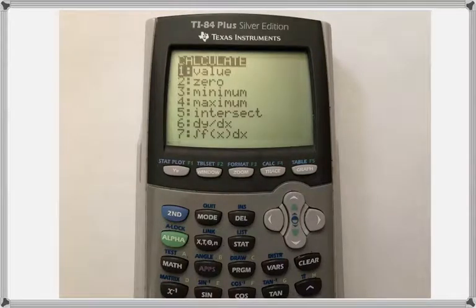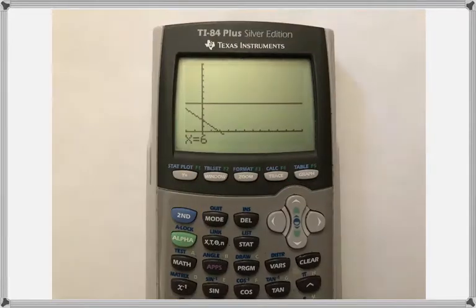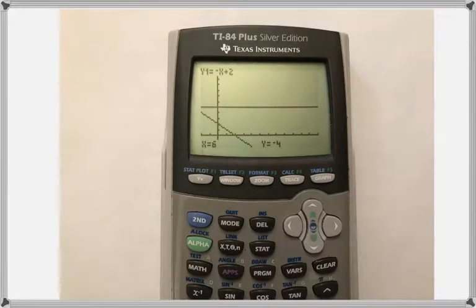Finally, to get the corner points that are on the vertical line x is equal to 6, we need to press second calc and value, and instead of typing in x is equal to 0 here, we are actually going to type in x is equal to 6. So instead of giving us all of the points that are on the y-axis, it's going to give us all of the points that are on the line x is equal to 6.